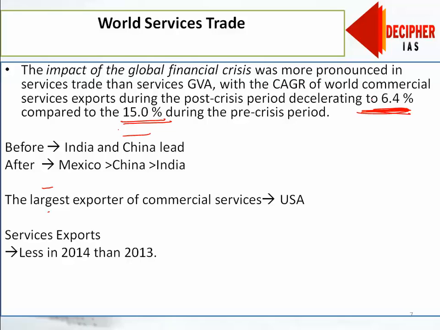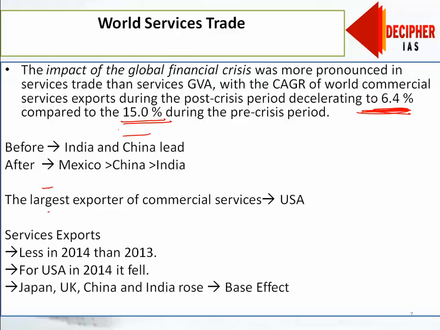Also, the services exports have been less in 2014 than 2013 for the USA; it fell in 2014. Japan, UK, China and India rose because of base effect. In 2013, these countries had low services trade, but this time we had inflated figures because of base effect.